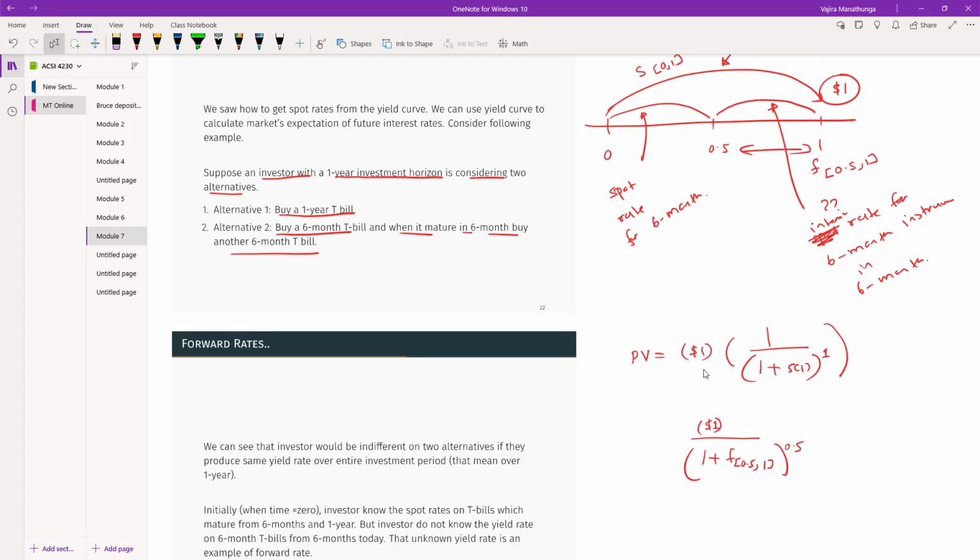That would be the value at time 0.5, not time zero. In order to get the time zero value, you discount it again by the rate which is known, the spot rate for 6 months, S0.5.